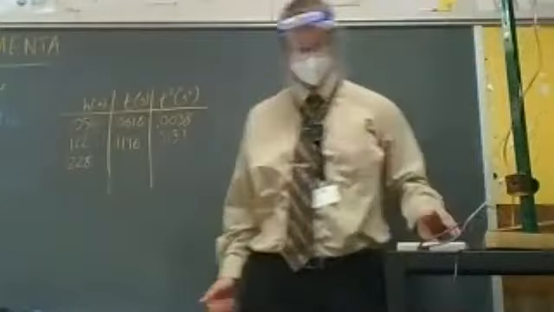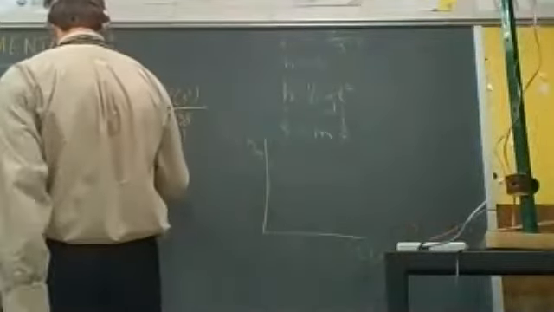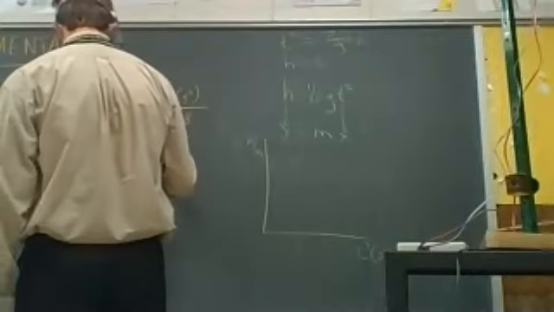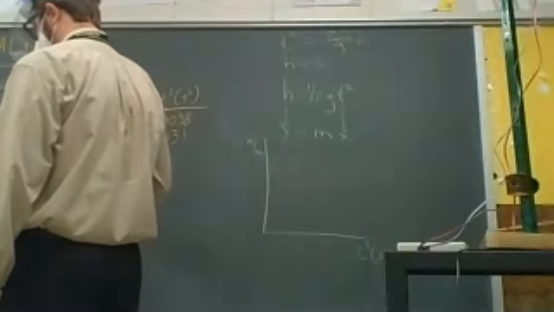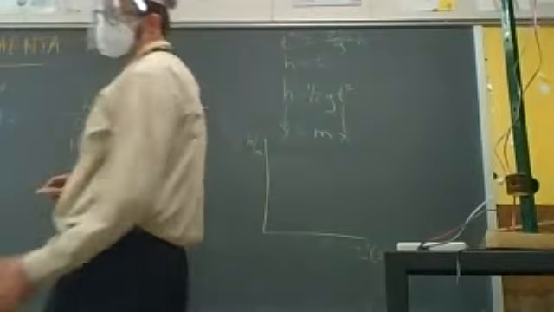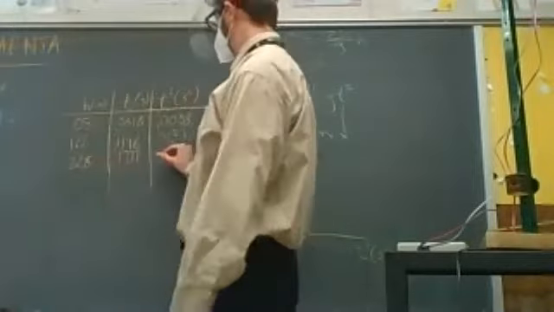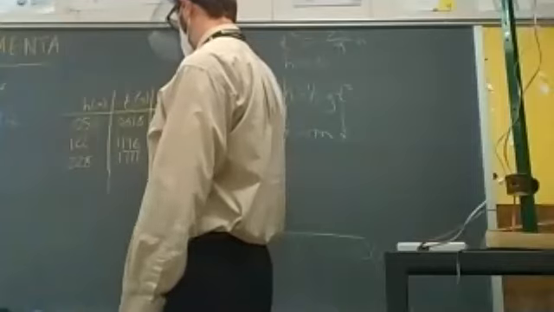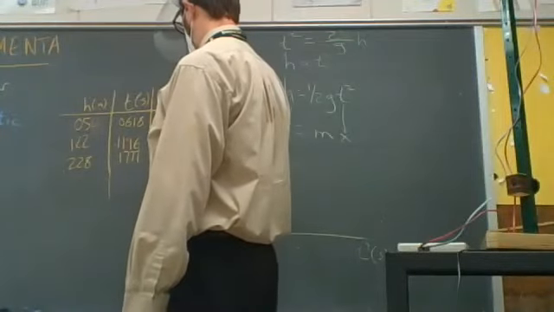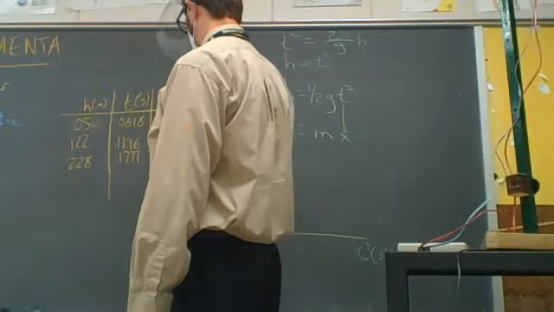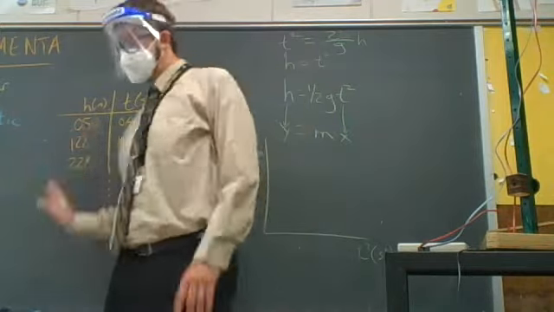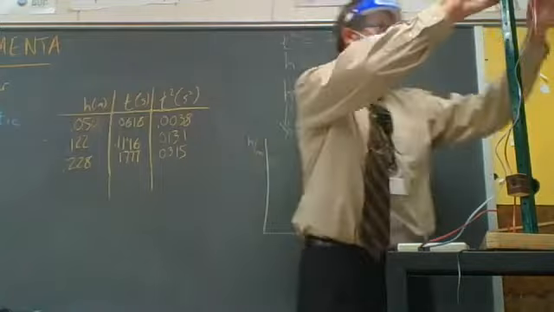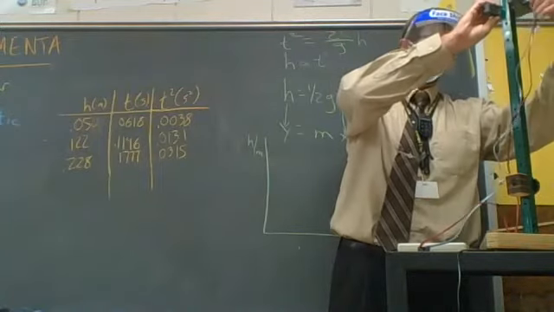Okay. And 0.1777 squared is, what is it again? 0.0315. All right. 3 data points. Let's get more. Let's get 4.